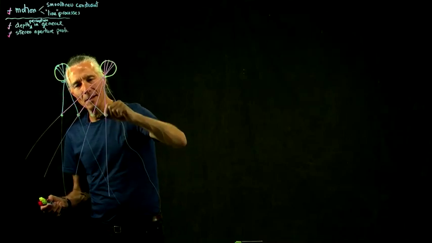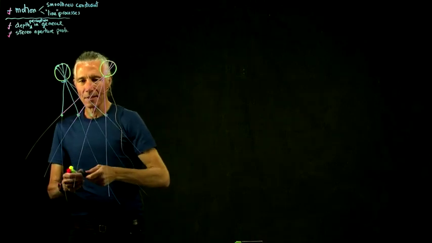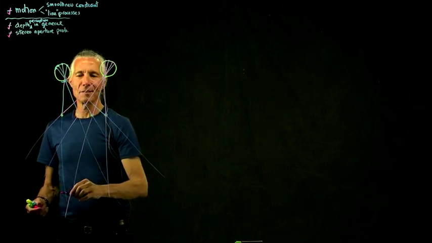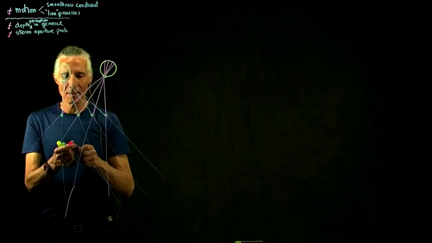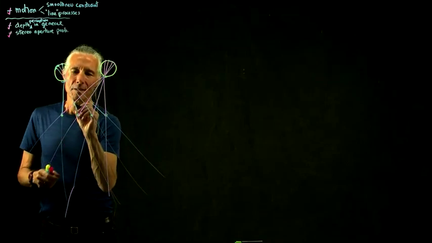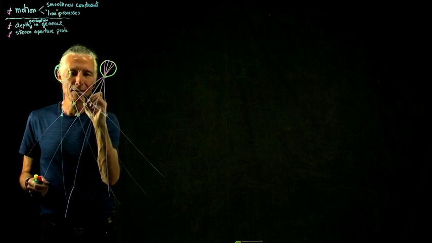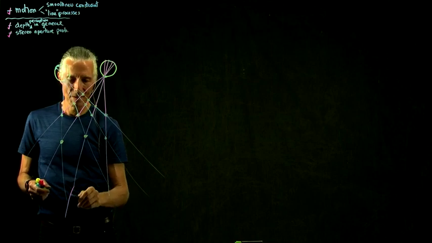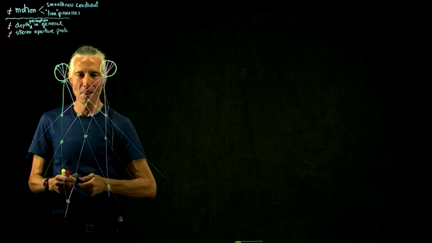If we trace all these lines out, it turns out there are 16 places where the objects could be. There could be an object there, or there, or there, or there in depth, or there, or here, and there's one more.